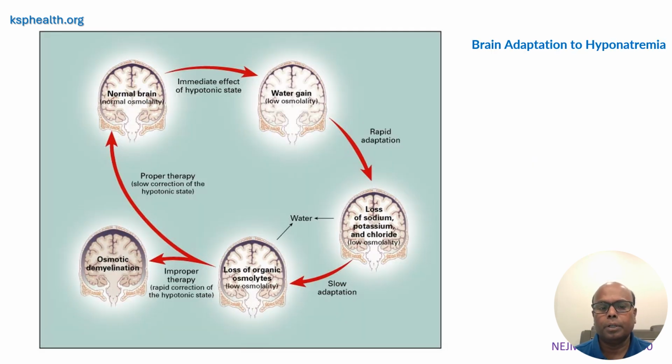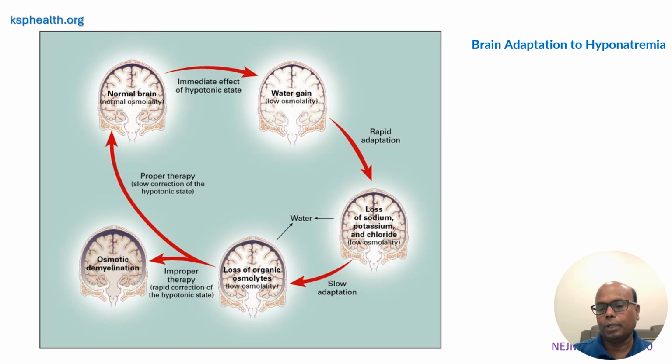This picture shows how the brain adapts to the hypotonicity. The immediate effect of hypotonic fluid is water gain. As the hypotonic or hypoosmolar state happens in the extracellular space, water moves into the brain cells. The early adaptation is that water extrudes out of the cells.